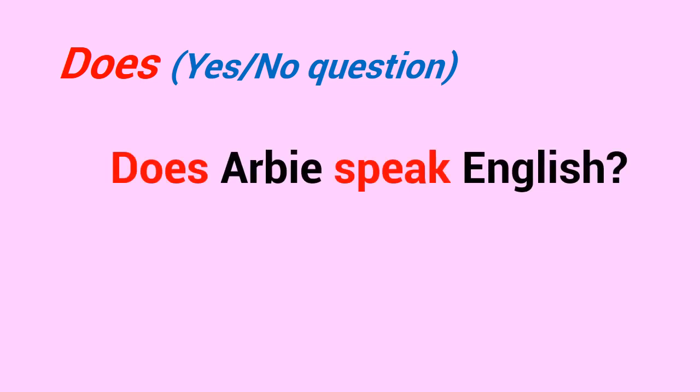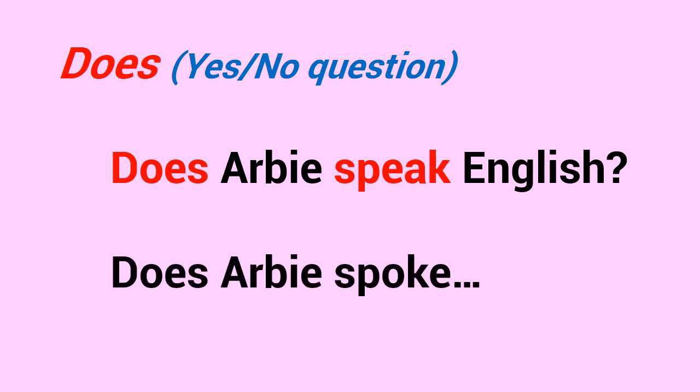Now let's have does used in a yes or no question. Does Arbie speak English? Does here is paired with the verb speak, which is in its base form, original form. And we are not supposed to say, does Arbie spoke English? Because spoke is the past tense of the verb speak. It's not the original or base form.